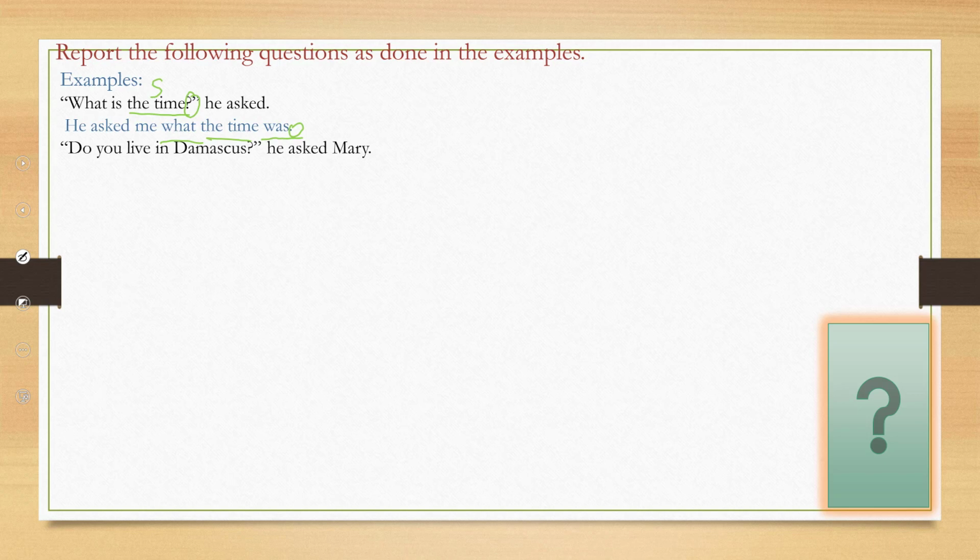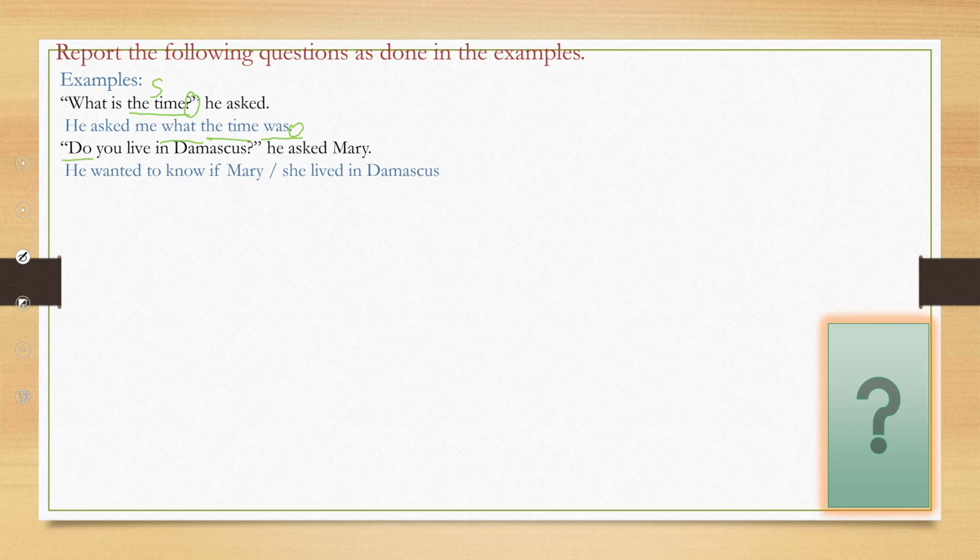Question number 2. Do you live in Damascus? He asked Mary. Here we have a reported auxiliary verb, a reported short question. Short questions, or yes/no questions. We don't have a question word here.